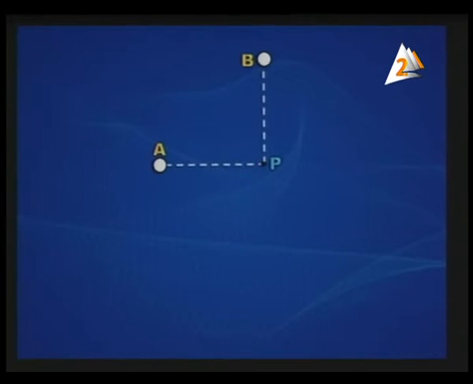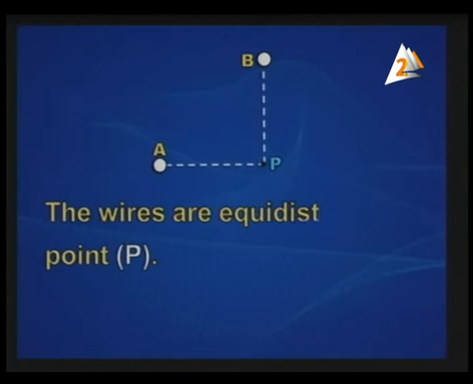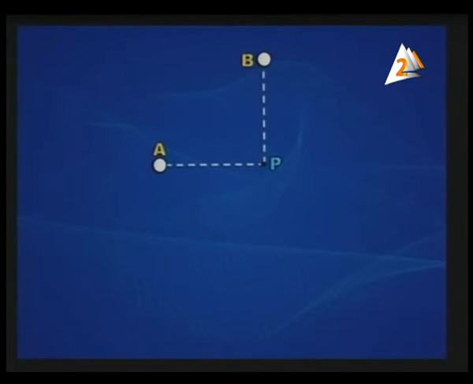And now we've got another type of questions. What about A and B? The figure shows two vertical wires, A and B, viewed from above. The wires are equidistant from point P. So the distance from P to wire B and from P to wire A is the same.